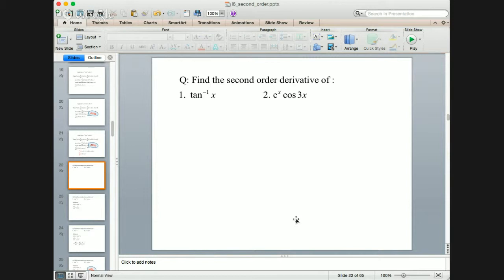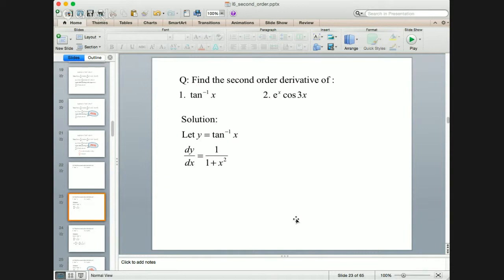To find the second order derivative, it's essential to first, of course, find the first order derivative. In this case, dy by dx is nothing but 1 by 1 plus x squared. So to find the second order derivative, I have to find the derivative of 1 over 1 plus x square all over again. And how does one do that? You are all perfectly capable of doing that, right?